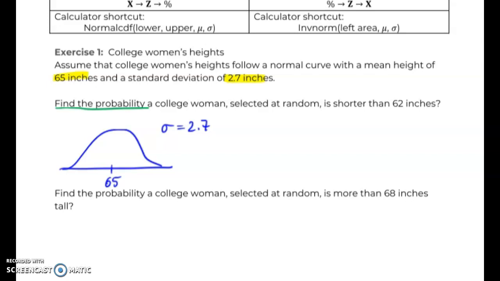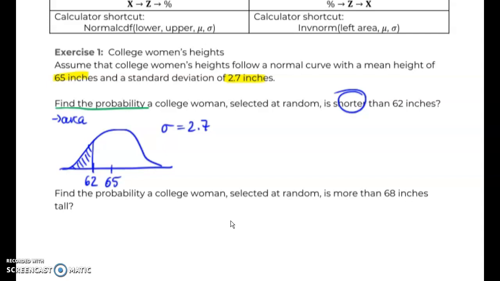So for shorter than 62 inches, we're going to put 62 on the left. We want to find the area under the curve, and shorter means going to the left. We want to make sure we place the numbers on the right side, and also shade the correct side.